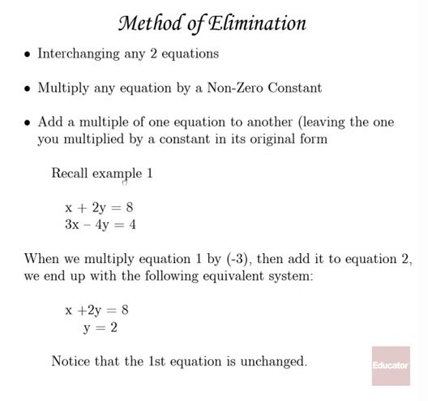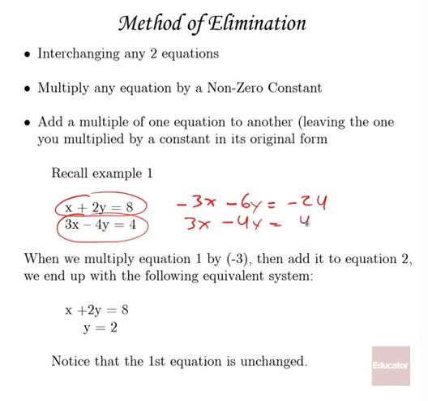So recall, we had x plus 2y equals 8, 3x minus 4y equals 4. When we multiplied the first equation by -3, then added it to equation 2, we ended up with the following equivalent system. We ended up converting this to minus 3x minus 6y equals minus 24. And then we brought this one over, 3x minus 4y equals 4.